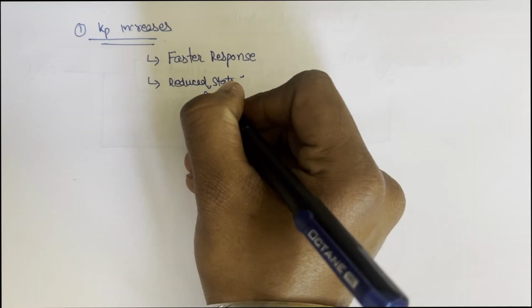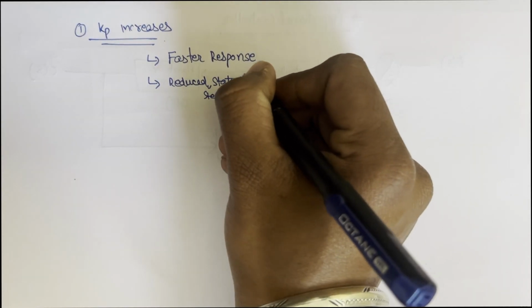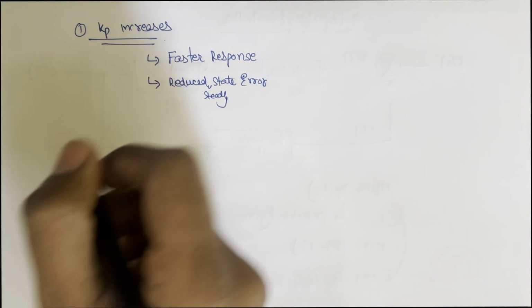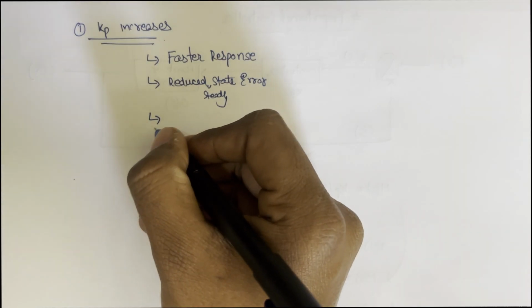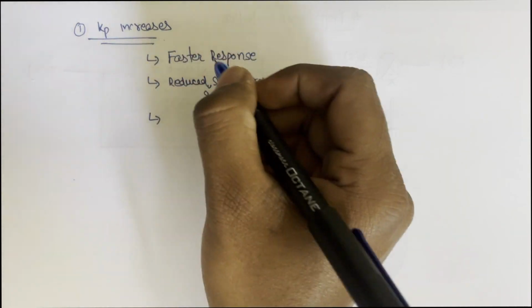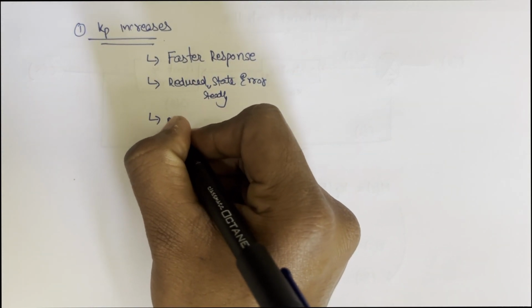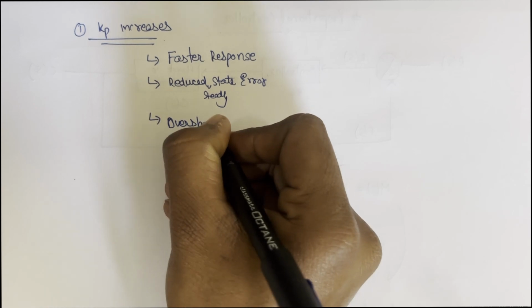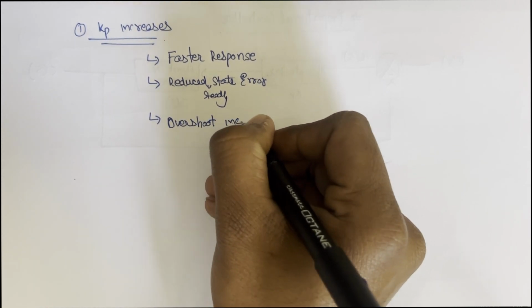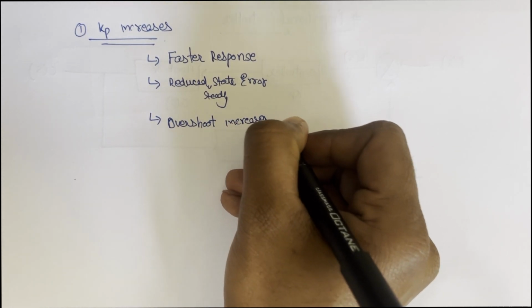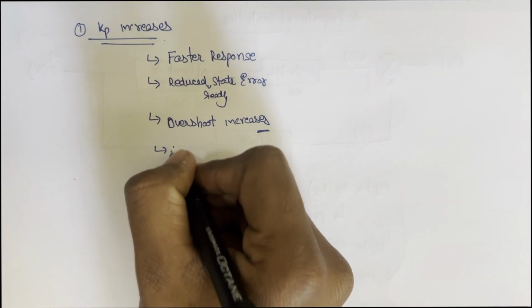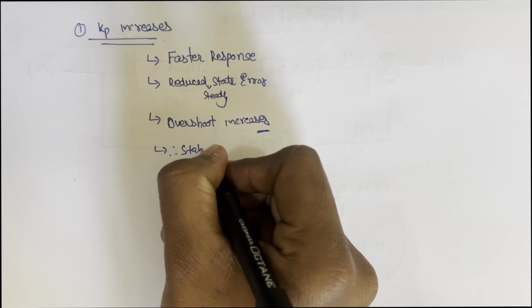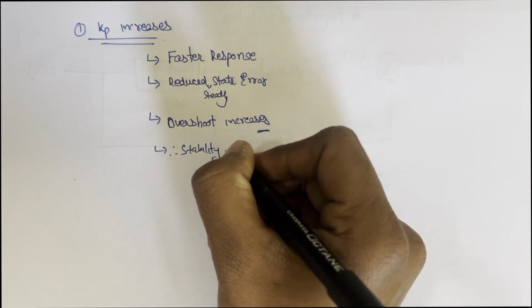But there is also a disadvantage when Kp increases, that the overshoot will highly increase. Therefore, the stability of the overall system decreases.